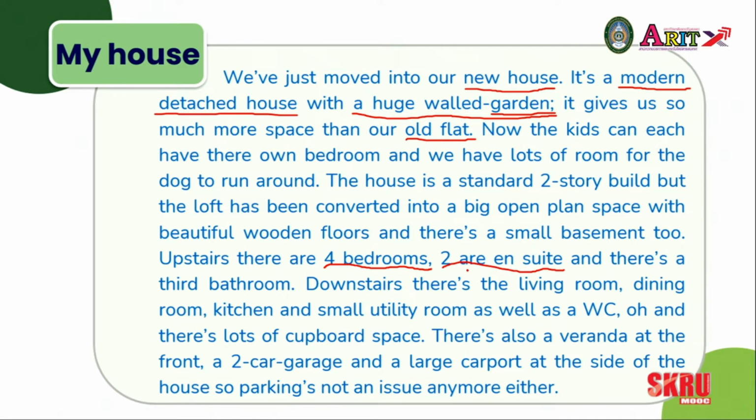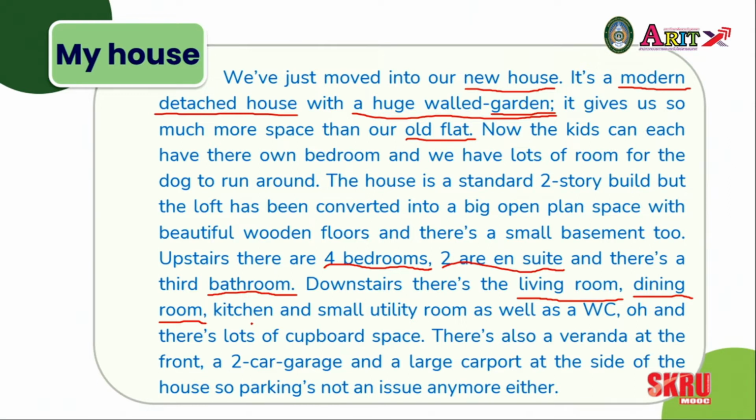So 2 of the bedrooms have their own bathroom attached, and there's a 3rd bathroom. We also have a living room. The living room is where we tend to sit with family, watch TV, things like that. A dining room. This would be a separate room where we have a table to eat meals.